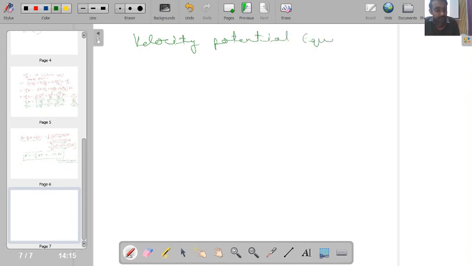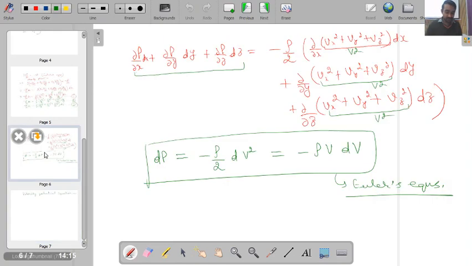Now one simple thing you can deduce from the previous expression. Here you can see when dP is positive, corresponding to that dV is negative. So it means that in any situation, if your pressure is increasing, your velocity will decrease, and if dP is negative, then dV is becoming positive.